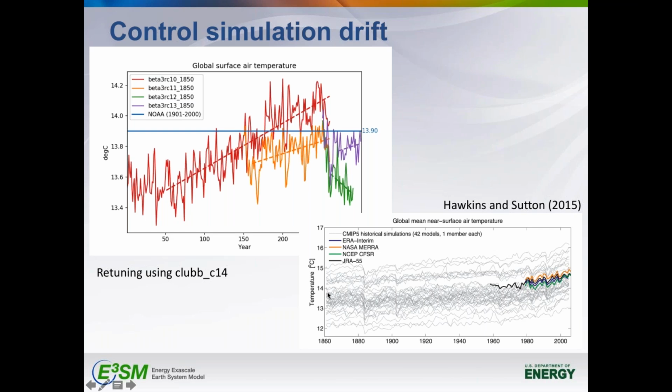So if we are around 13.8 or so, we will be somewhere here, which is where most of the CMIP6 and CMIP5 models are, and this is close to the actual observation. When you get some warming, you get to the actual value here. So I think we're in good shape here. You can see that some models are really way off, at almost 12 degrees or 15 degrees. So if we can stabilize the drift around this, we will be in good shape for the control simulation.